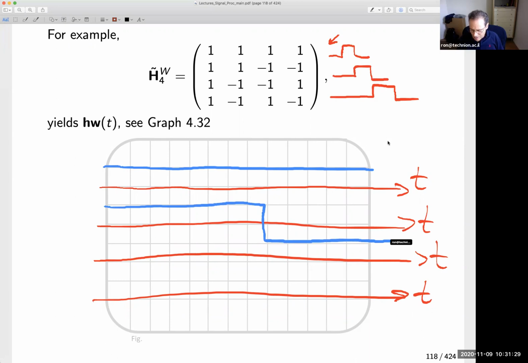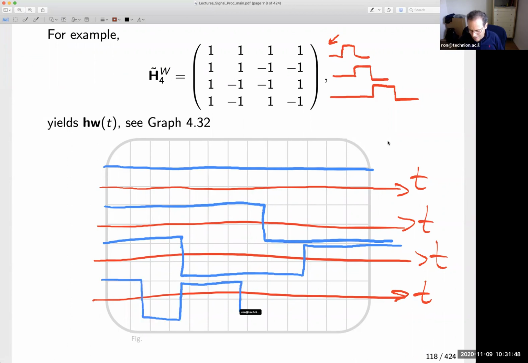The next one would be 1, then it would go to -1, then it would go to 1. So this would be the third one. And the fourth one would be 1, -1, 1, -1. It should occur at the same place. Then 1 and -1 here.